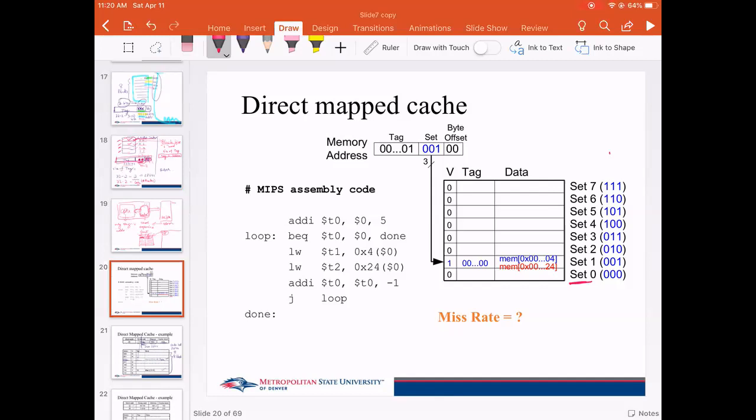Later on, we'll introduce other types of cache, not only the direct map cache, so we will start to call each block a set. Okay? So suppose we have 8 sets, 8 rows instead of 4 rows. Then I will need to use 3 bits as the cache index.